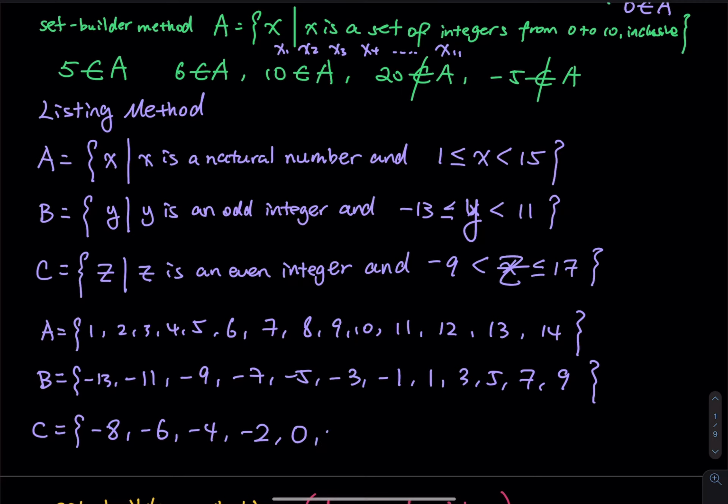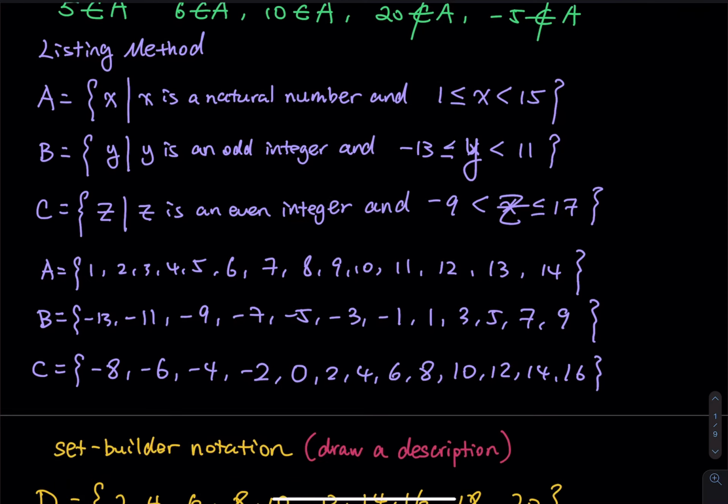And then 2, 4, 6, 8, 10, 12, 14, 16. 17 is odd, so we don't care about 17. That ends at 16.